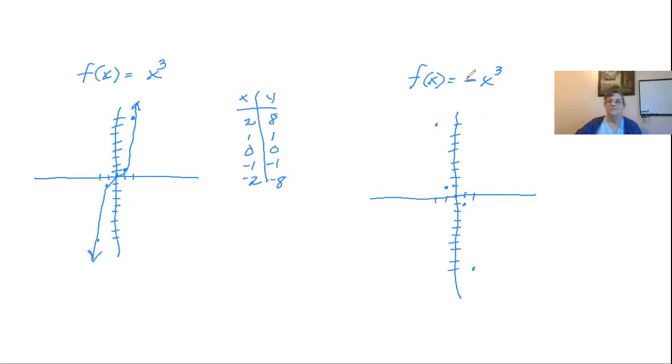Of course, the negative is just going to cause a reflection about the x-axis from this graph. So we've got something like this, with the end behavior going in that direction and that direction for a negative coefficient, and that direction and that direction for a positive coefficient.